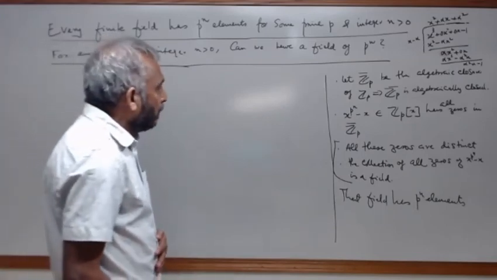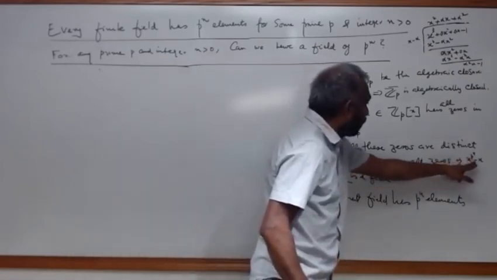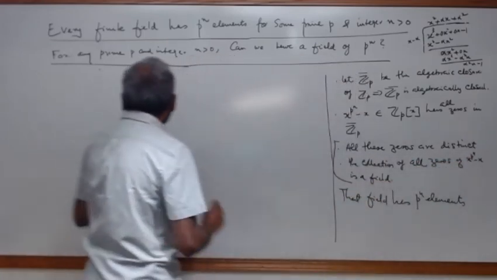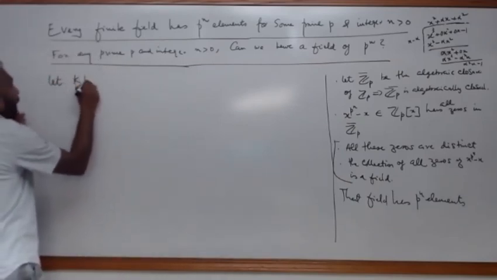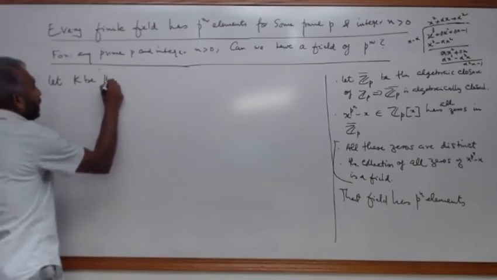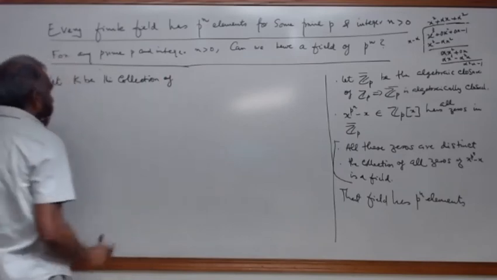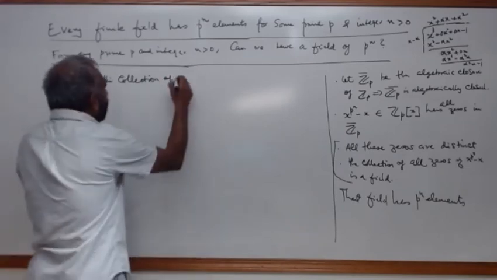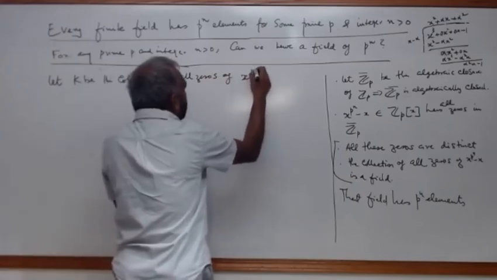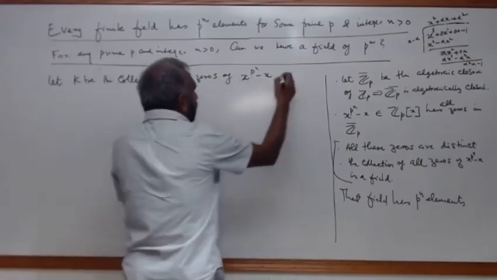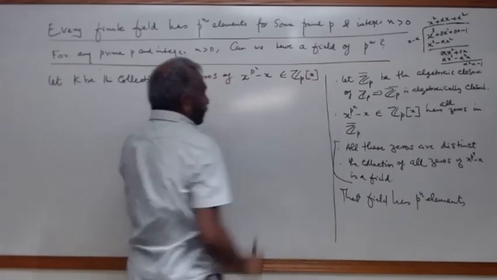Now next thing we need to prove is the collection of all zeros of x to the power of p to the power of n minus x is a field. So let K be the collection of all zeros of x to the power of p to the power of n minus x that belongs to Z_p of x.